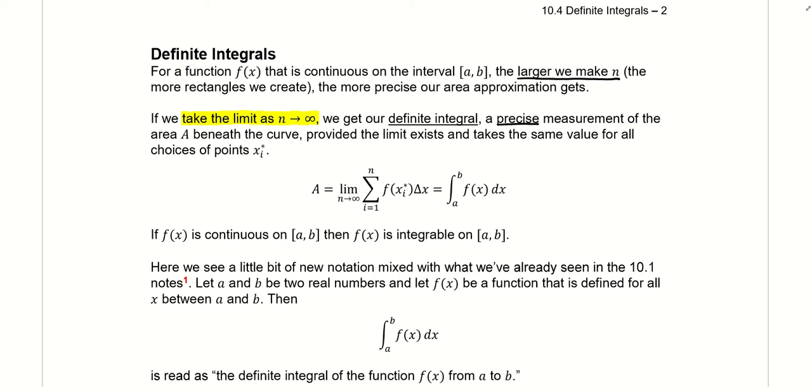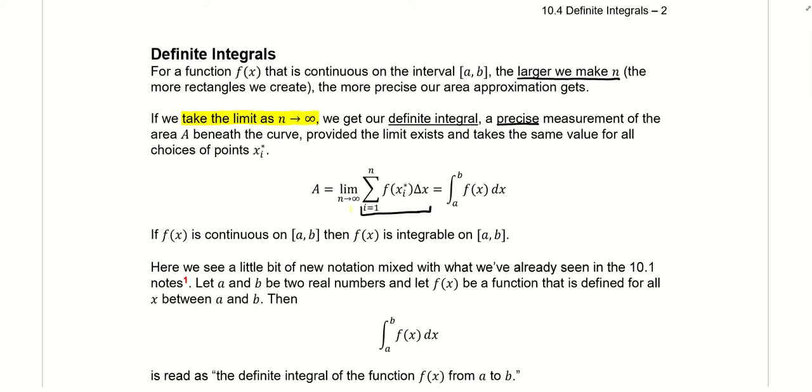Provided, of course, that we can take this limit and it takes the same value for all possible ways we could pick that x star. So, sorry, left endpoints, right endpoints, or midpoints. So this is the link. It all comes down to limits, as it often does. We have this geometric definition, the Riemann sum, which gives us approximate area beneath a curve.